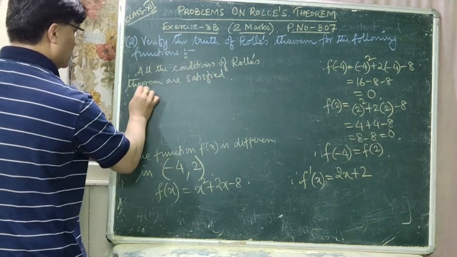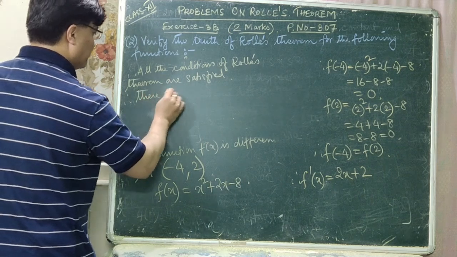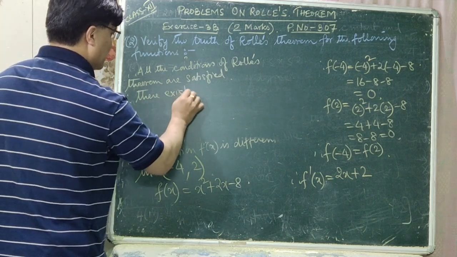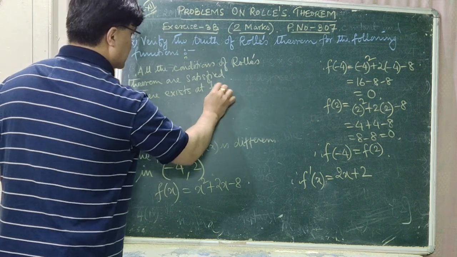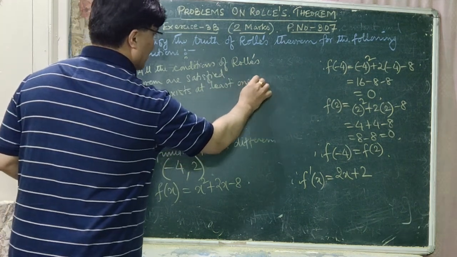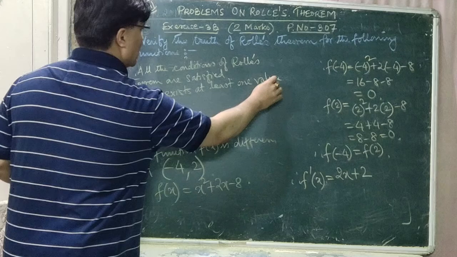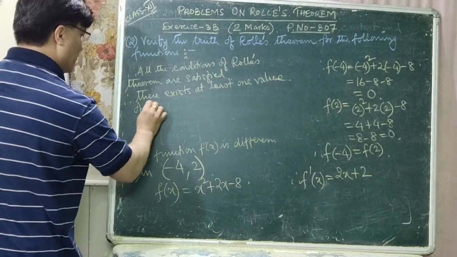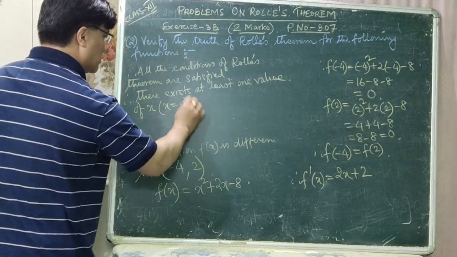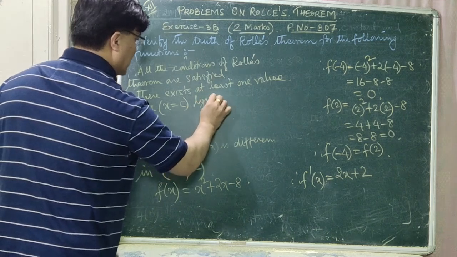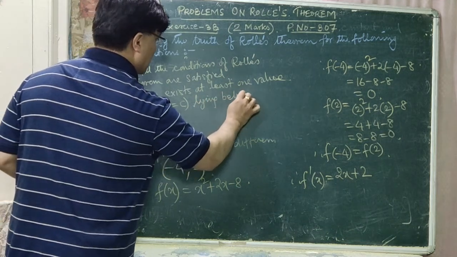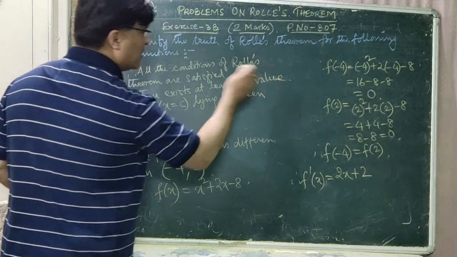So therefore there exists at least one value of x, say x is equal to c, lying between a and b.